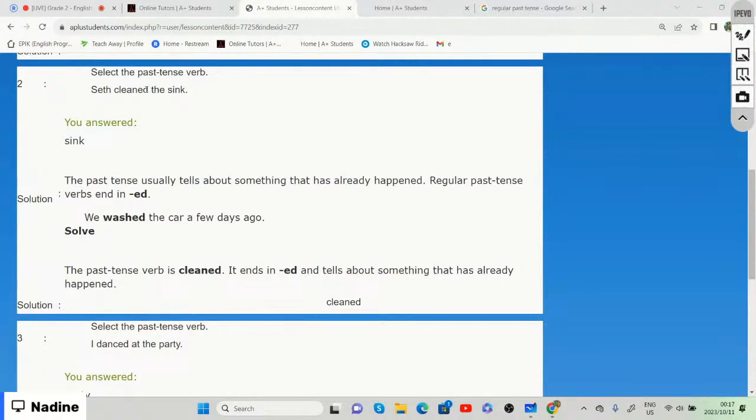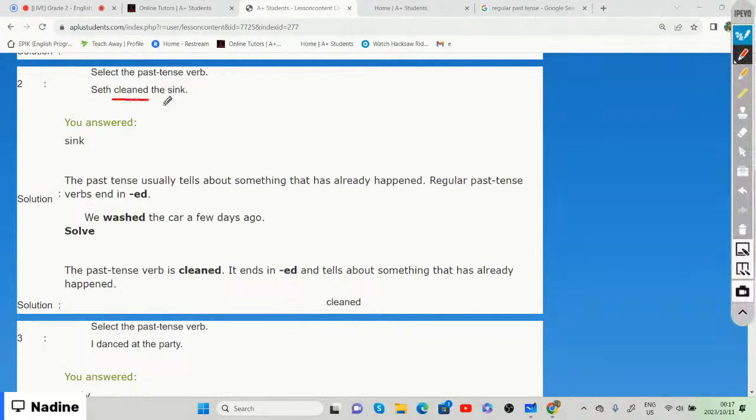And if we select the past tense verb within that sentence, then we can say cleaned is our past tense verb. Cleaned. So it's clean plus ed. Cleaned. And it ends in ed, and it tells about something that happened already.